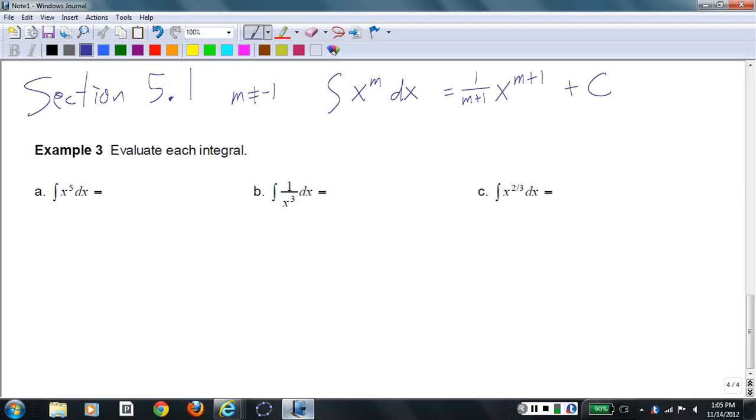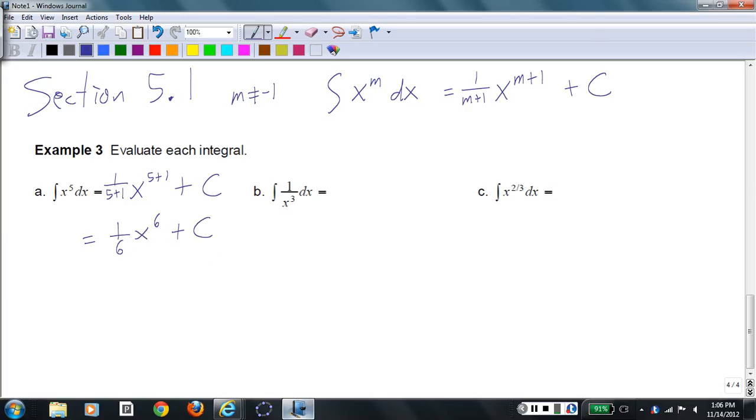So the first one is laid out exactly what we need. We would add 1 to the exponent and then divide by that new exponent that we got and then add the constant of integration. So it's going to be 1/6 times x to the 6th plus c.